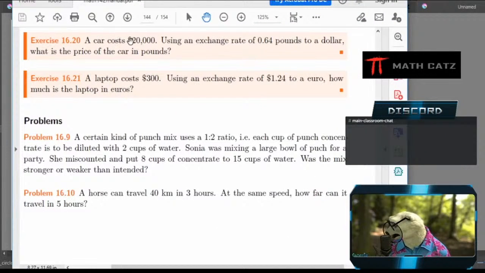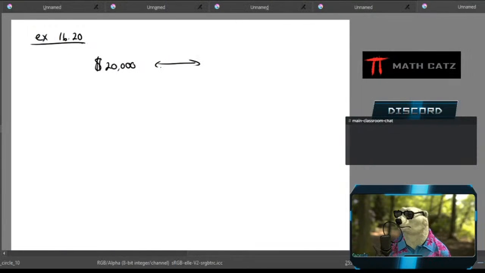They started with 20,000, so I started to write 20,000. But that's not my reference pair because I want to know in pounds what is the value of that $20,000.